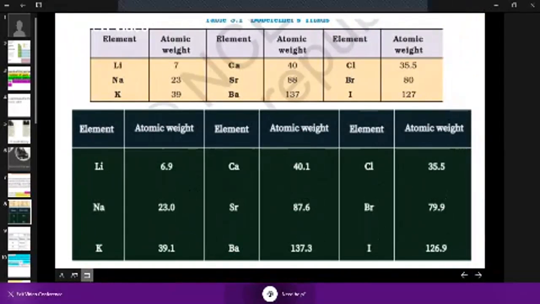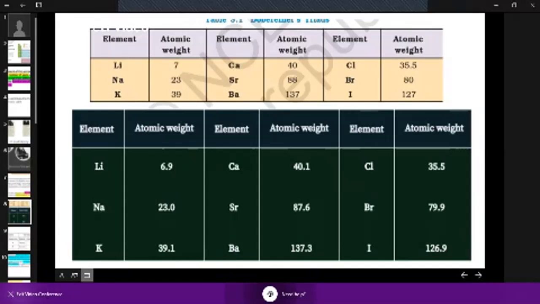Let's look at some examples. I'll use this table to give more clear details. For example, lithium is 6.9, that is its atomic weight. Potassium is 39.1. We add the two together and divide by 2 to see whether we can get the atomic weight of sodium.